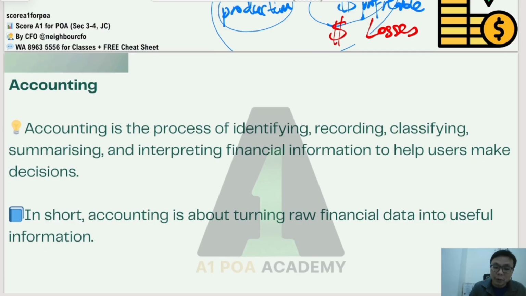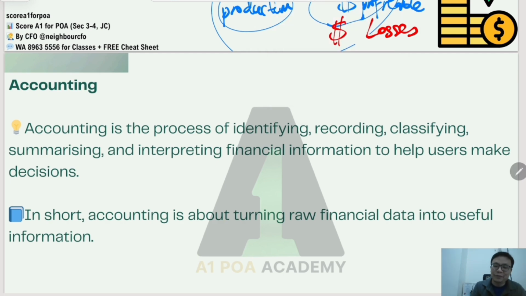The next slide talks about how accounting is the process of identifying, recording, classifying, summarizing, and interpreting financial information to help users make decisions. Wow, that is a long definition. But if you look at this definition of accounting, there is a lot of takeaway for us in terms of stage 1, stage 2, stage 3, stage 4, and so on, all the stages of the process.